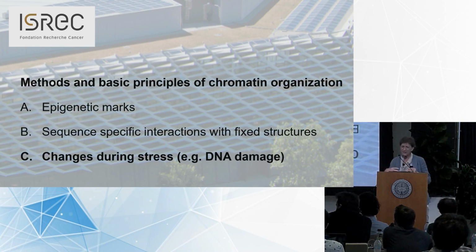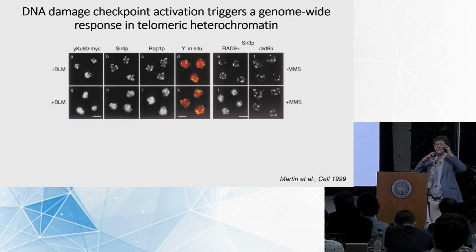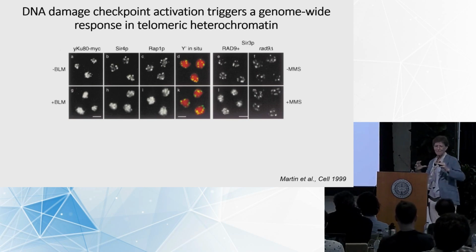Now, for the last 2 minutes, I'm going to tell you about the changes during stress, and then you're going to hear it from 3 more excellent talks. I'm not going to tell you everything I know about DNA damage, even though I worked on it for years. But everything I told you about segregation and chromatin marks changes when you stress the cell.